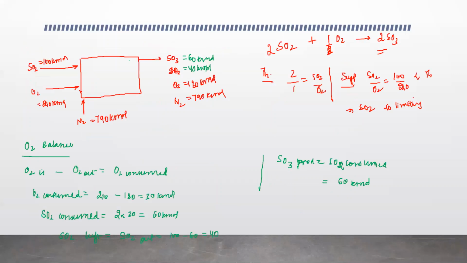Now, they have also asked us to calculate the percentage conversion and percentage excess. So in order to calculate percentage conversion, the limiting reagent is SO2. So SO2 supplied minus SO2 remaining, upon SO2 supplied.